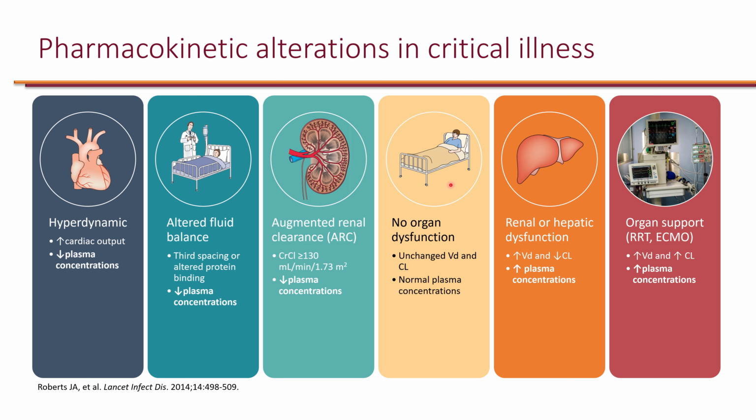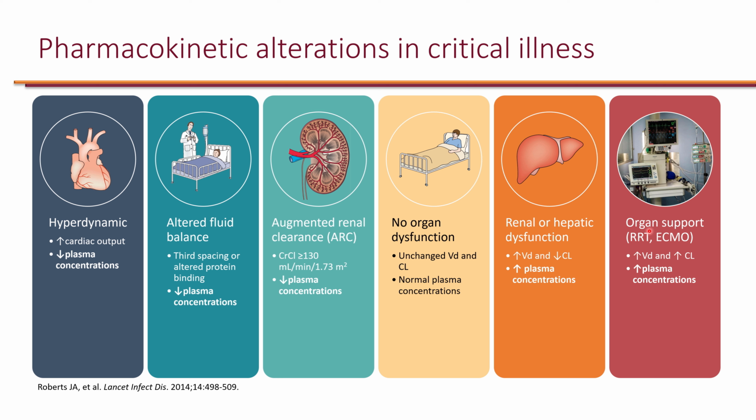And of course, it's possible that the patient may have no organ dysfunction and be critically ill, which means that your plasma concentrations are actually normal. And then on the other end of the spectrum, you have increased plasma concentration, either because of renal or hepatic dysfunction, so the drug is not getting cleared. So your plasma concentrations go higher, and you need to dose adjust and reduce the dose.